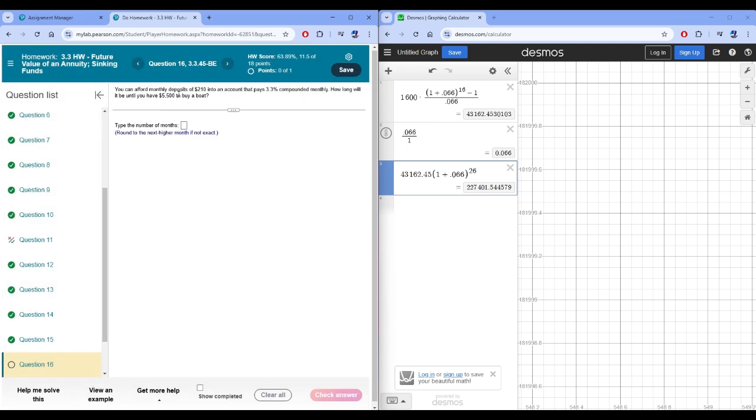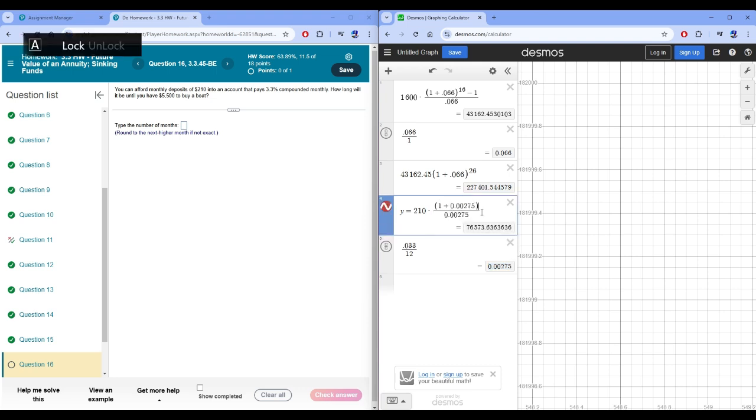So you can afford monthly deposits of $210 into a bank account that pays that. How long will it be until you have $5,000 to buy the boat? So then I could just say that y equals 210 times a fraction with a parentheses 1 plus 0.033 divided by 12, this number, copy, plus paste, divided by paste, this number raised to the number of payments.